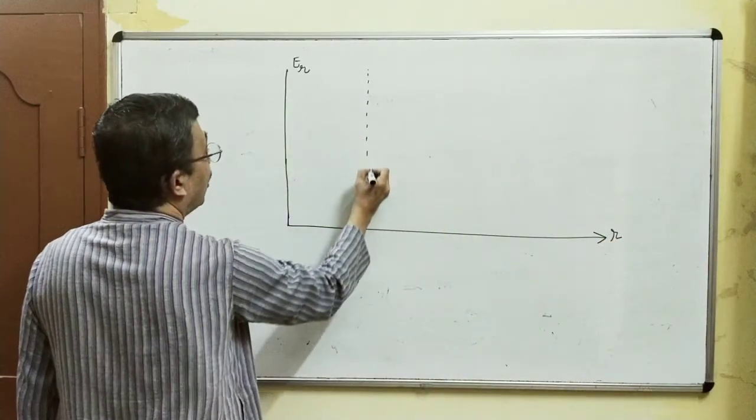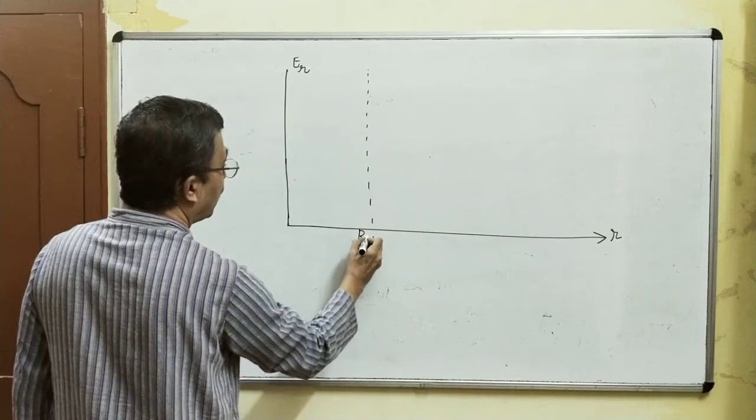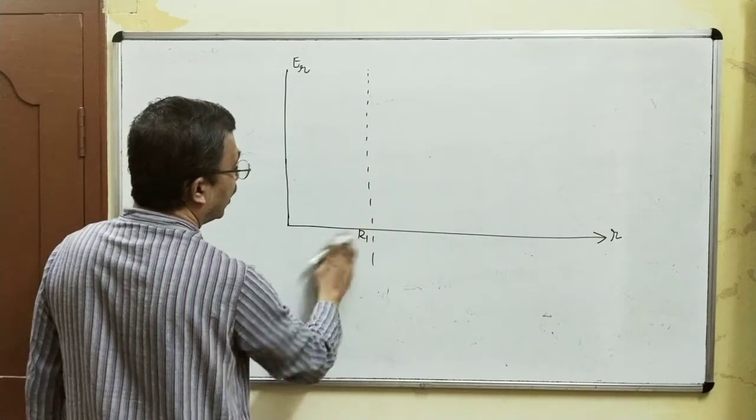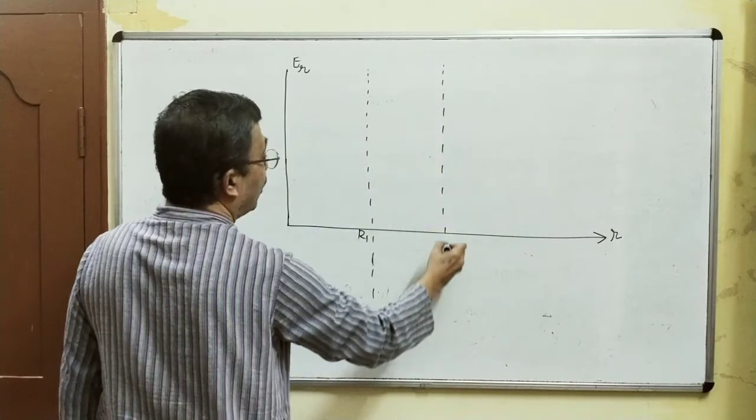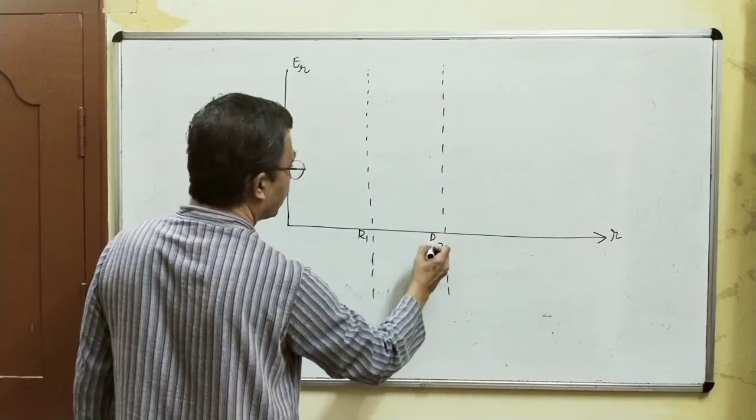This line is drawn at r equal to r1. This line is drawn at r equal to r2.